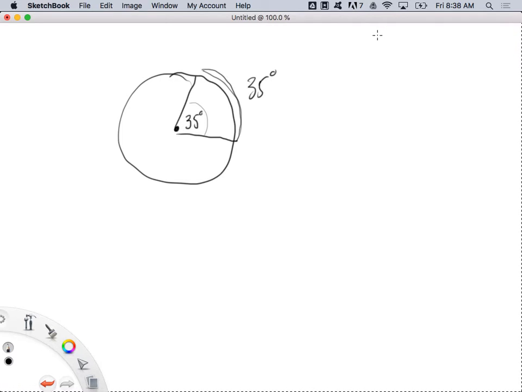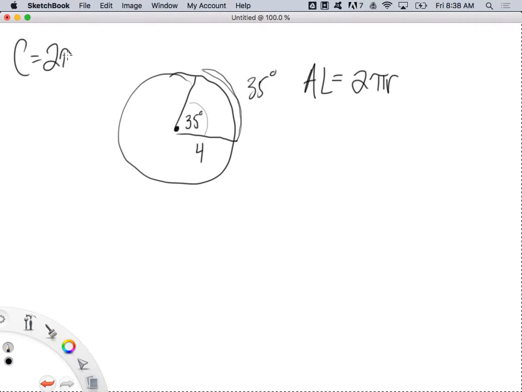The measure of the arc is different than the arc length. Now, what if I said that the radius of this was 4, and then I asked you for the arc length? Remember the circumference of a circle is 2 pi r, so the arc length is 2 pi r times the angle over 360. You guys remember this? So you just plug it in.